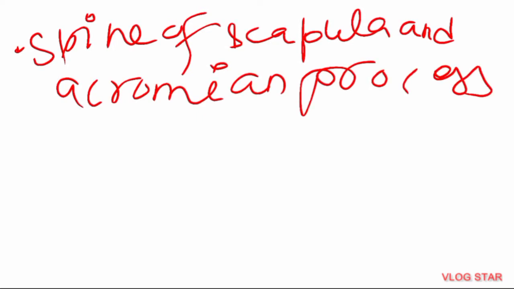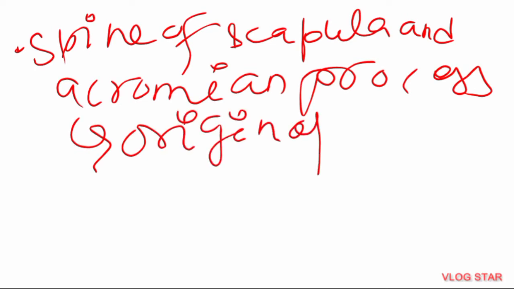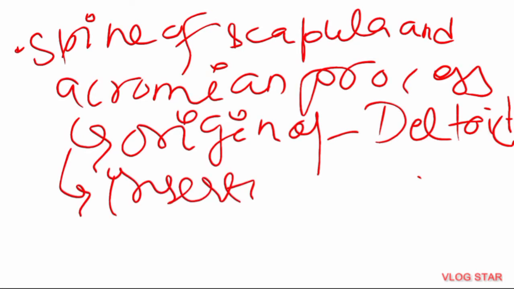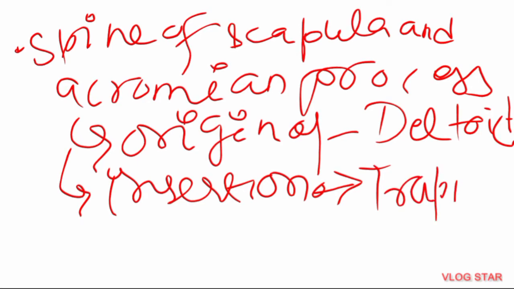There is the origin of deltoid and insertion of trapezius. Here is the origin of deltoid muscle, and insertion of trapezius. Just note it down.